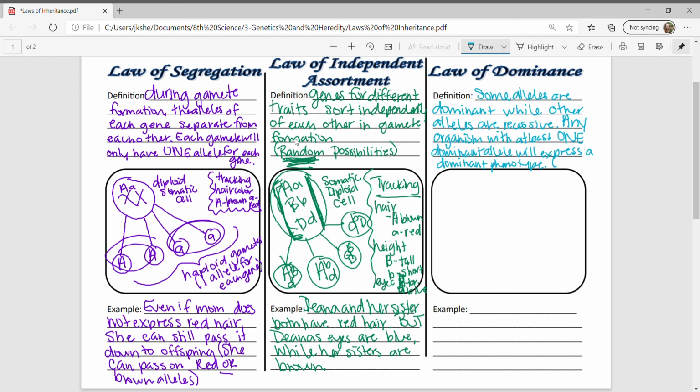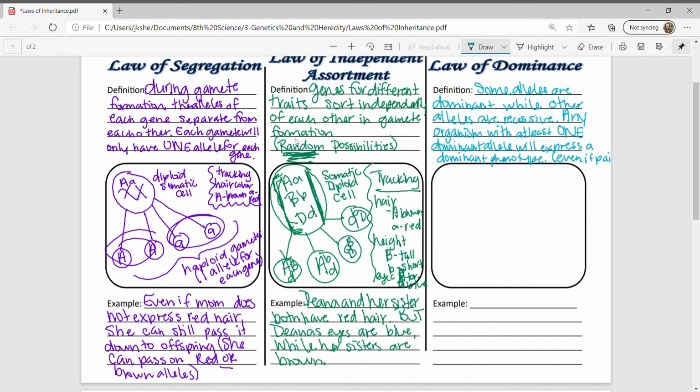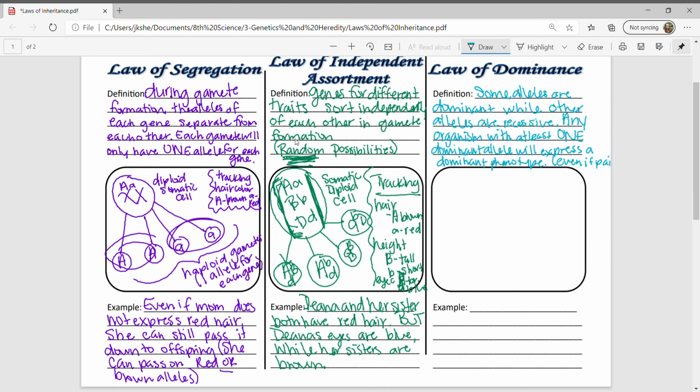And that's even if there's a recessive allele. Oh no. Sorry, it cut off there. So let's look at this.